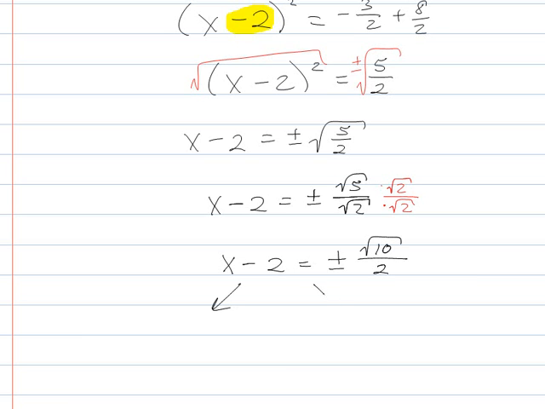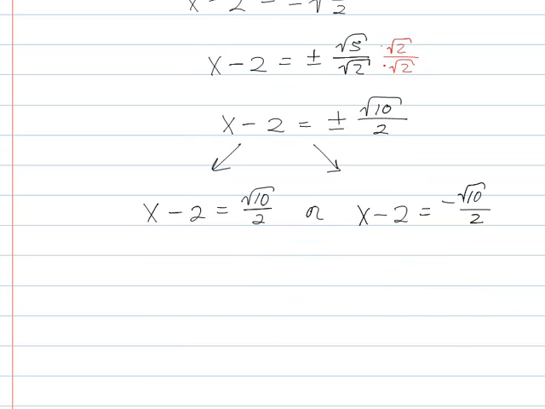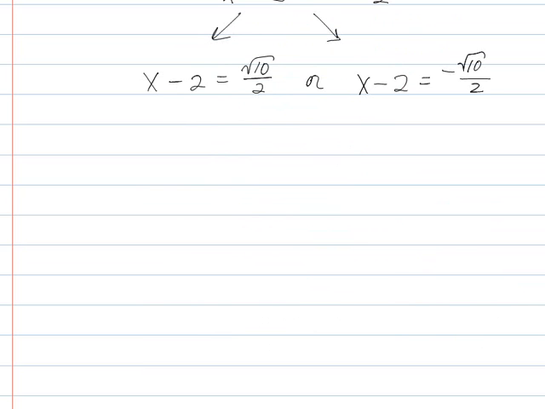Now I can break it out. So x minus 2 equals plus root 10 over 2 or minus root 10 over 2. I add 2 to both sides.